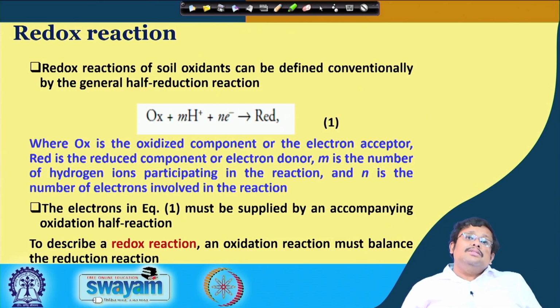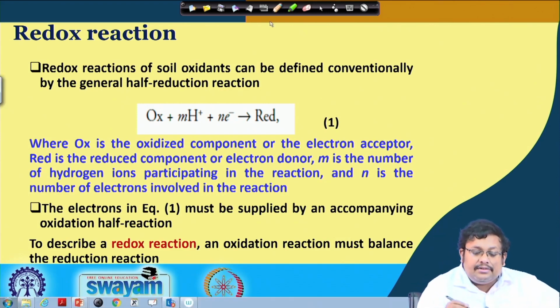Now, the redox reaction of soil oxidants can be defined conventionally by the general half-cell reduction reaction, which is basically denoted by Ox plus mH plus plus ne minus equal to Red.